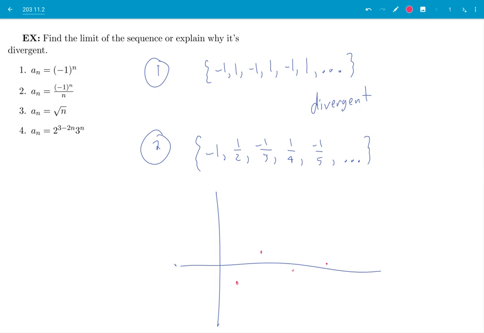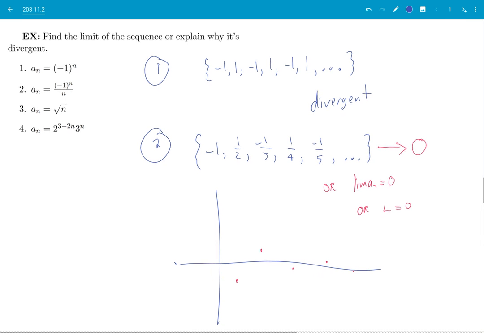You see, it's going closer and closer and closer to 0. So sometimes you could just write a 0. Or you could say lim an is 0. Or you can just say L is equal to 0. I'm not too picky about the notation you choose.